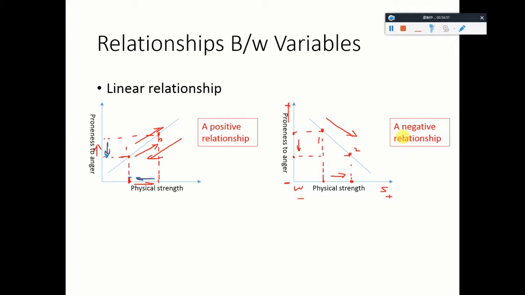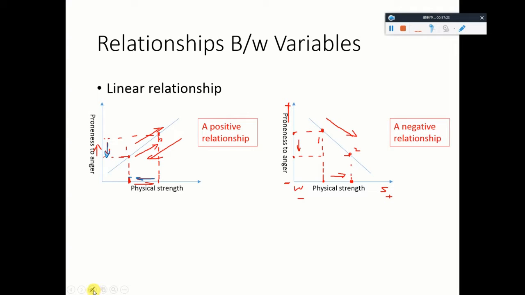So let me repeat. When we say two variables have negative correlations, it means their values move in opposite directions. Here, moving from negative to positive, whereas here, moving from positive to negative, as we move from point 1 to point 2 on this line.